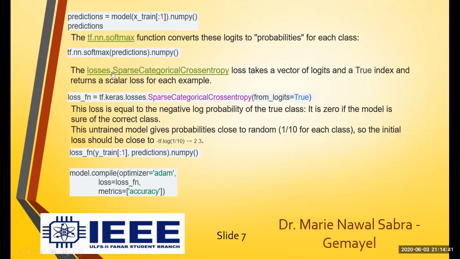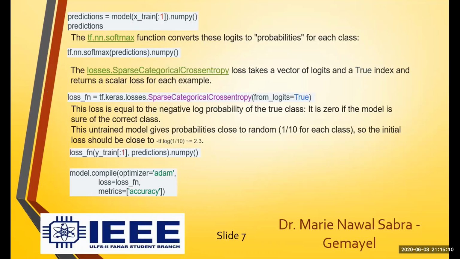After defining our model, here in the application, we are going to see it in the Colab, we have the predictions. We take just one example from X train and we are going to see the predictions. This means if I take the first example, before the machine begins learning, before it develops its weights to recognize these digits, it is not going to recognize it.